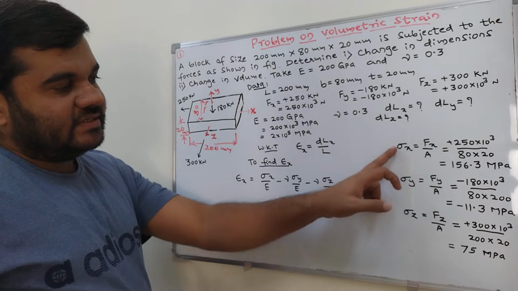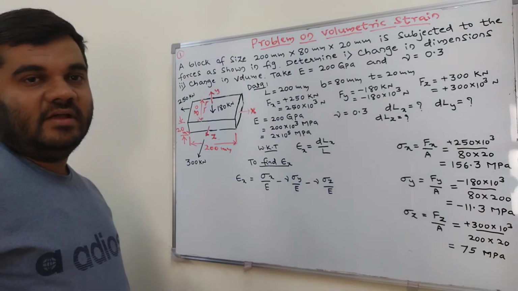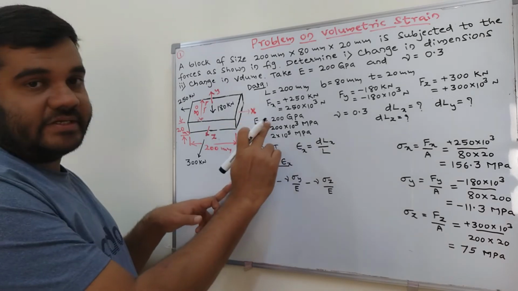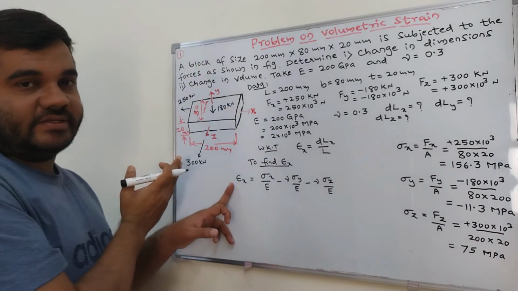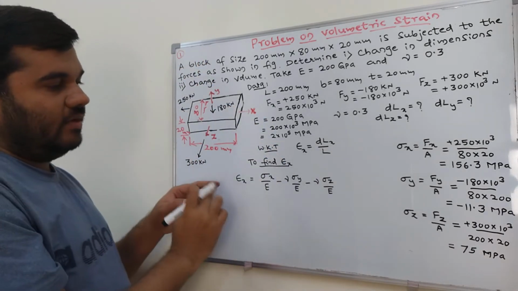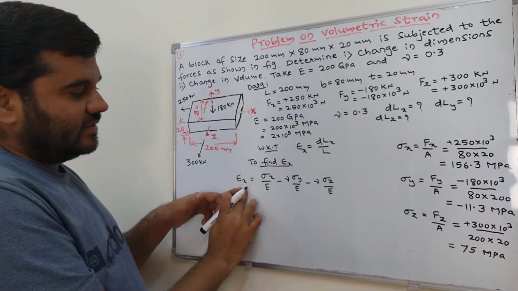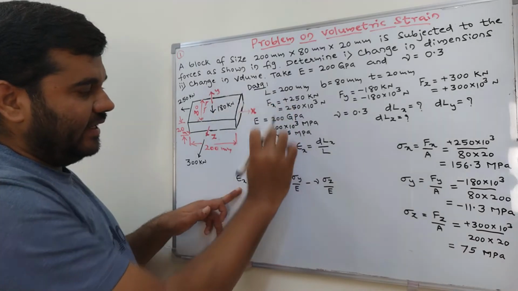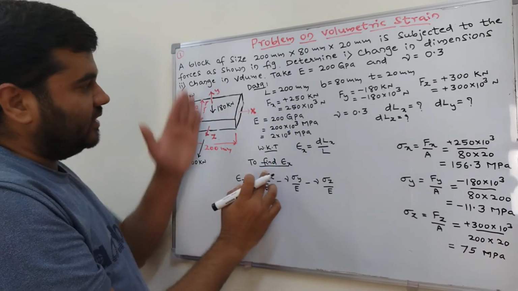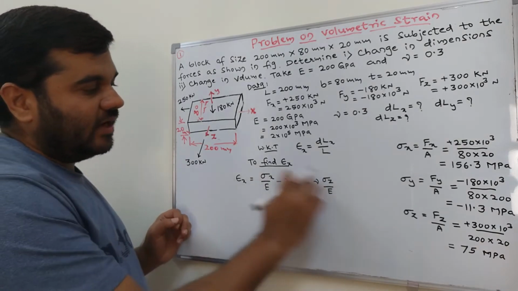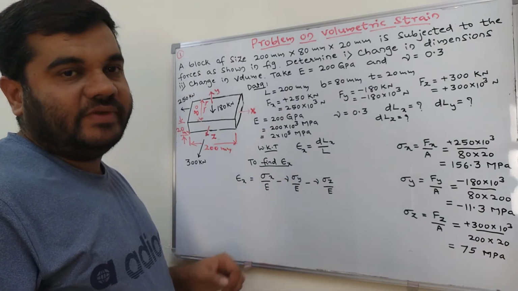Once you find these sigma x, sigma y, and sigma z, what is the next step? Come to the strain. Strain in x direction, strain in y direction, and strain in z direction. Now I will go one by one. Strain in x direction is sigma x divided by E minus nu into sigma y divided by E minus nu into sigma z divided by E. This formula we already derived in the previous video.